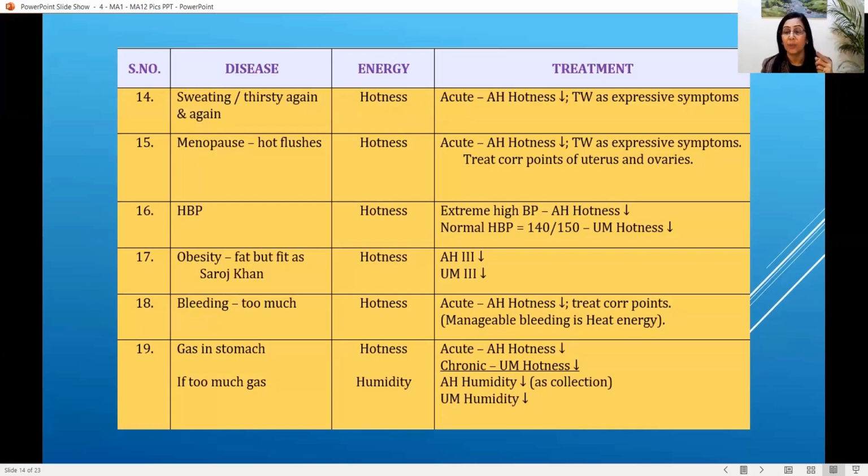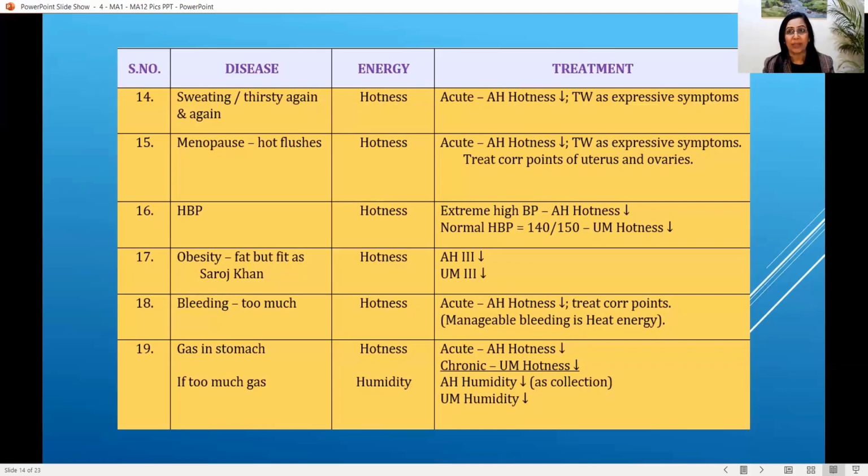But if this is a chronic problem, some people have that kind of constitution where they sweat a lot all the time. For them, you have to sedate the hotness meridian, which is the brain meridian. And then in that, you will also maybe treat the skin area or whatever is related in the correspondence system to get a better result.